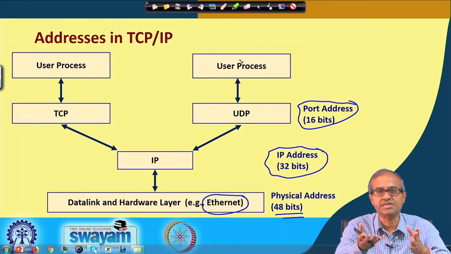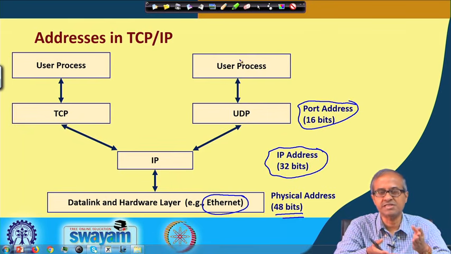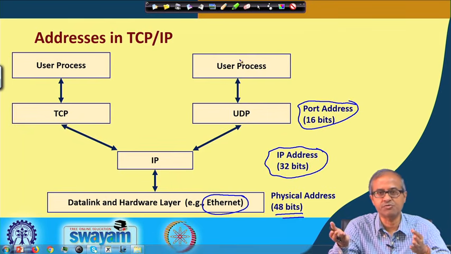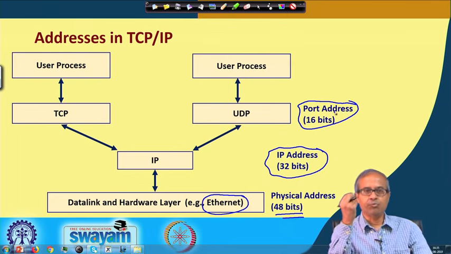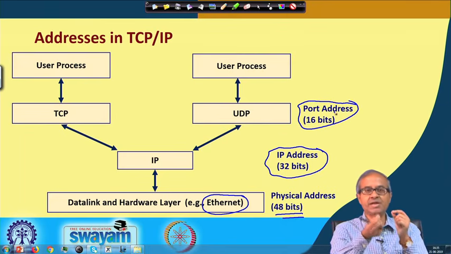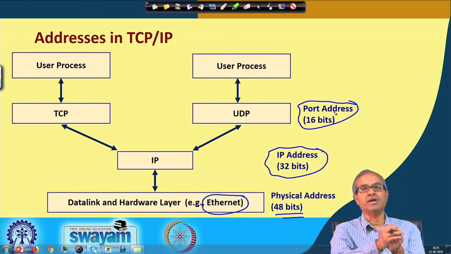How to distinguish which user process is sending data, and which user process is supposed to receive data? There is a concept of a port number or a port address. Port address actually uniquely identifies a particular application or a user process running on a machine.